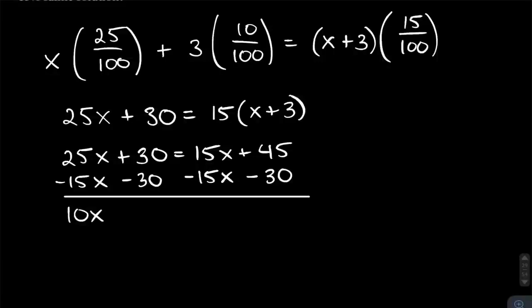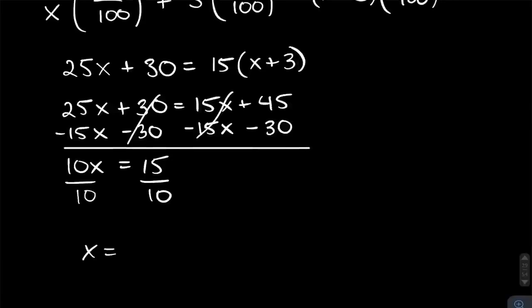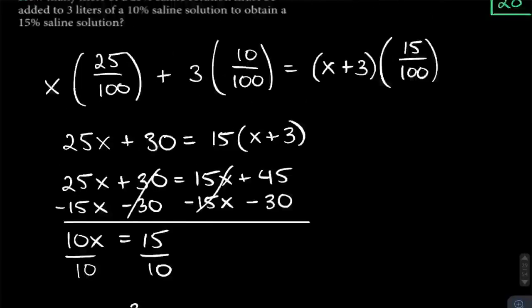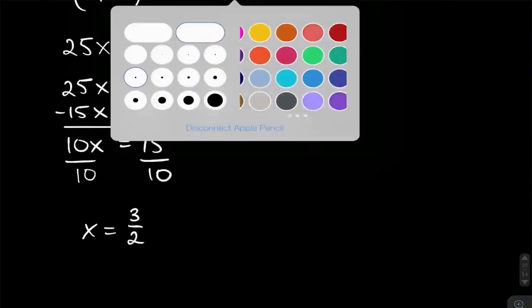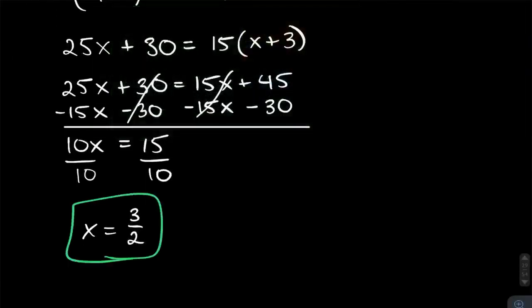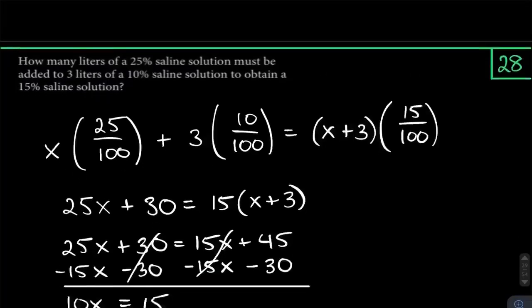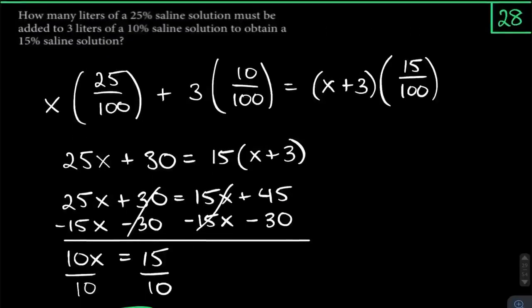And then we get 10x, this goes away, equals, this goes away, 15. And dividing by 10 on both sides, we get x is equal to 15 over 10, which is 3/2. Okay? So that's it for problem 28.